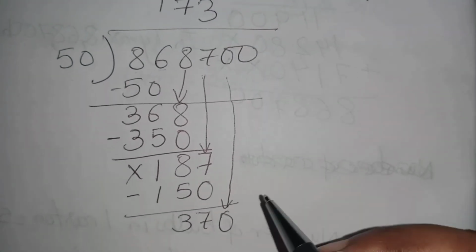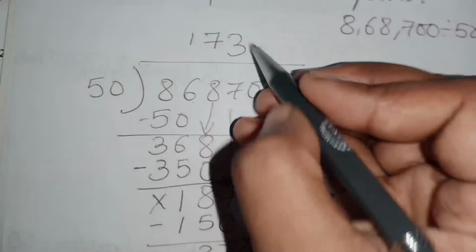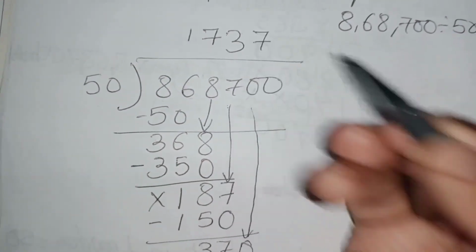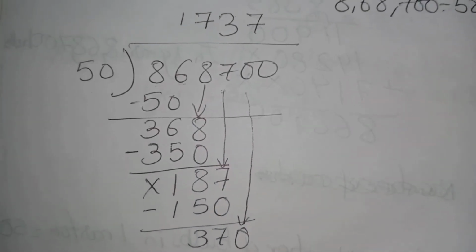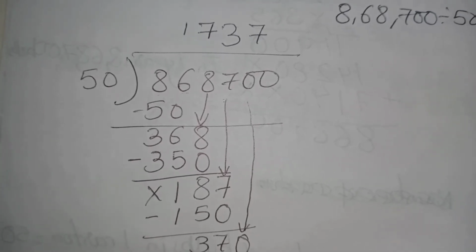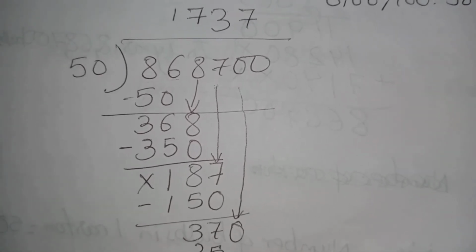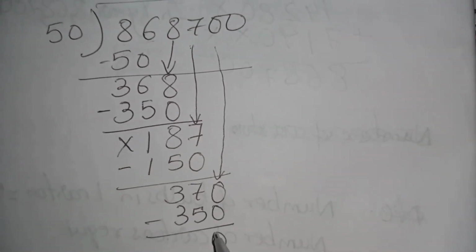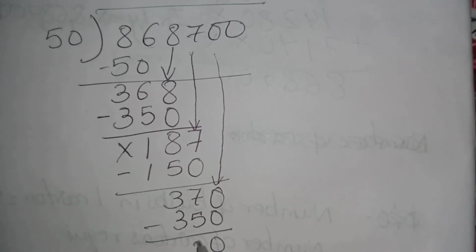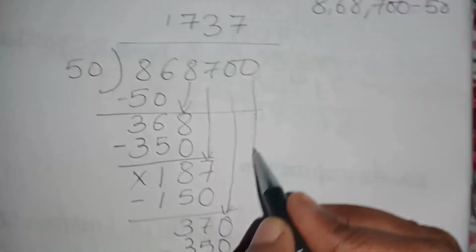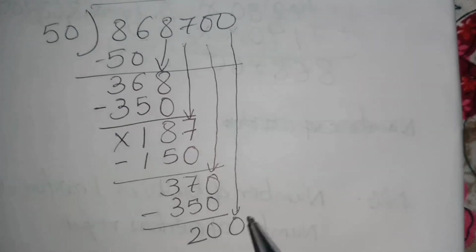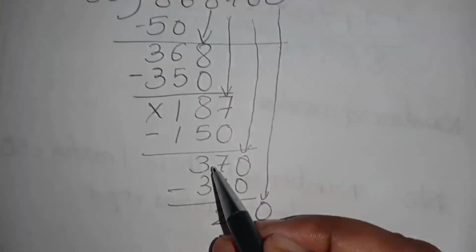So it is 370. 370 also doesn't come, so 50 7s are how much? It is 350. Now subtract this. 7 minus 5 is 2. Now bring this 0 down.